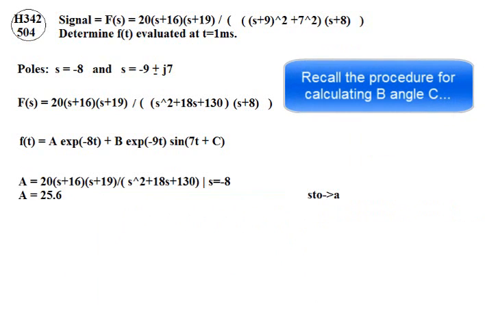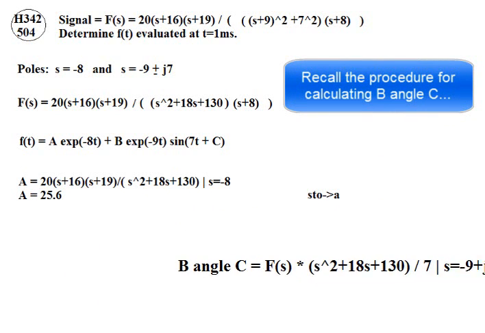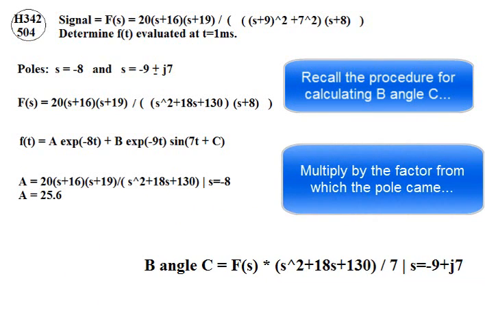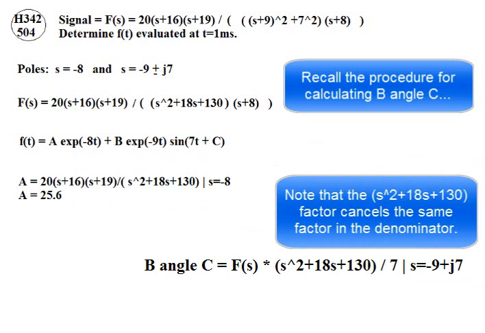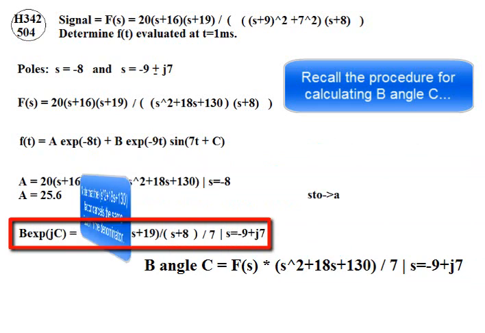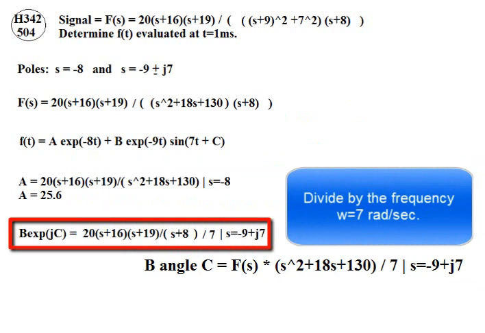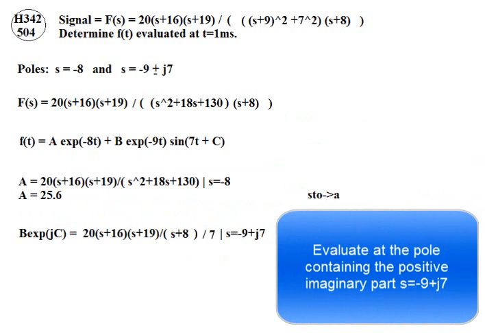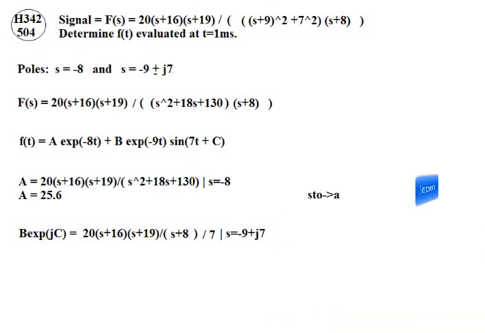Recall the procedure for calculating B angle C. Multiply by the factor from which the pole came. Note that the complex factor cancels the same factor in the denominator. Divide by the frequency, 7 radians per second. Evaluate at the pole containing the positive imaginary part.